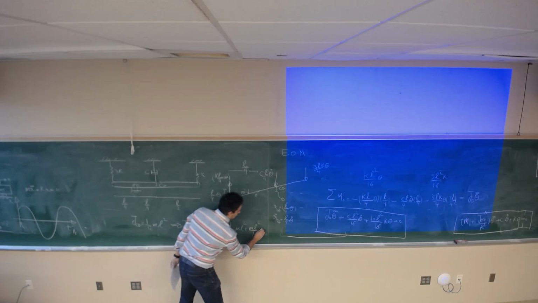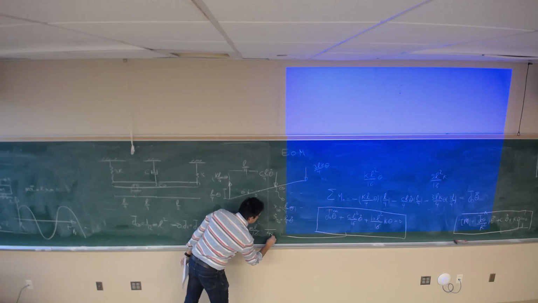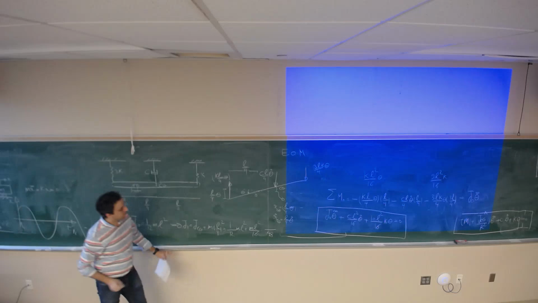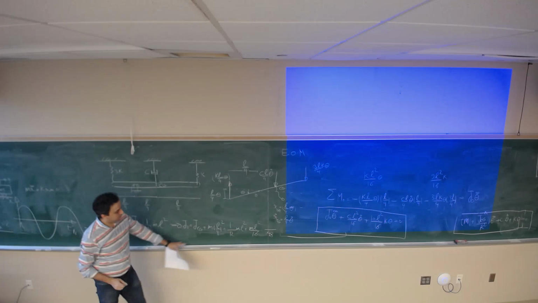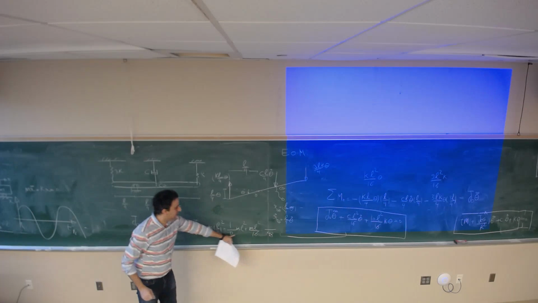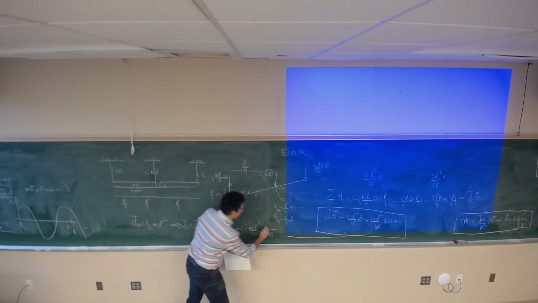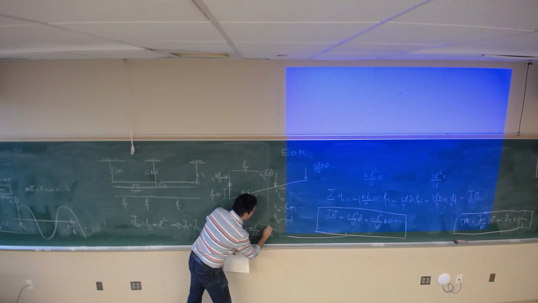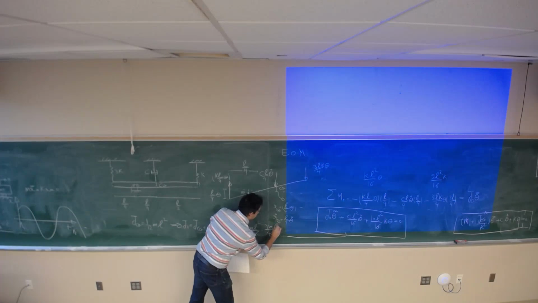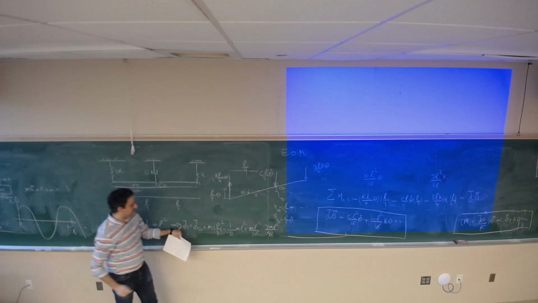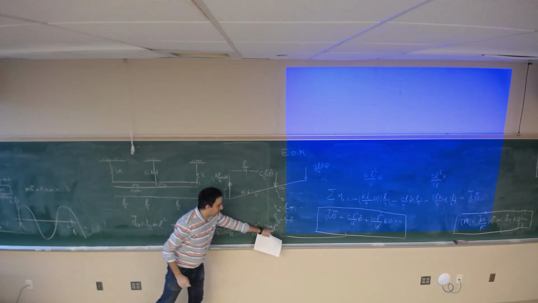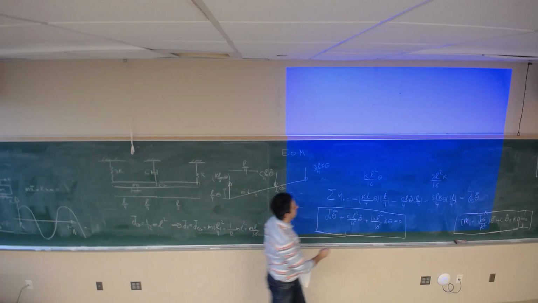I can add them up. The common multiple between 12 and 16 is 48. This is going to be 4, this is going to be 3, 7 m L squared. So J with respect to center of rotation would be 7 m L squared divided by 48.